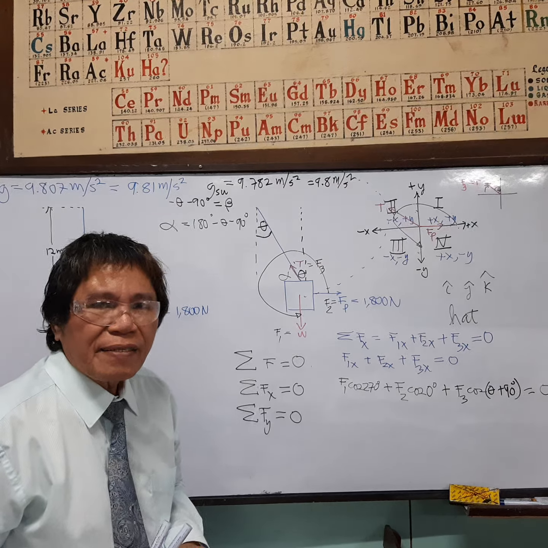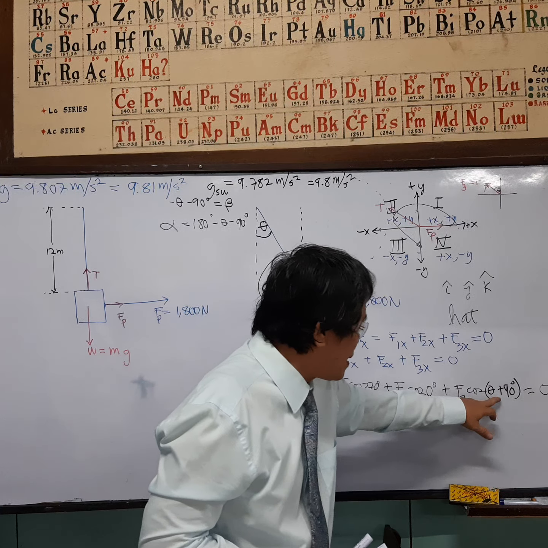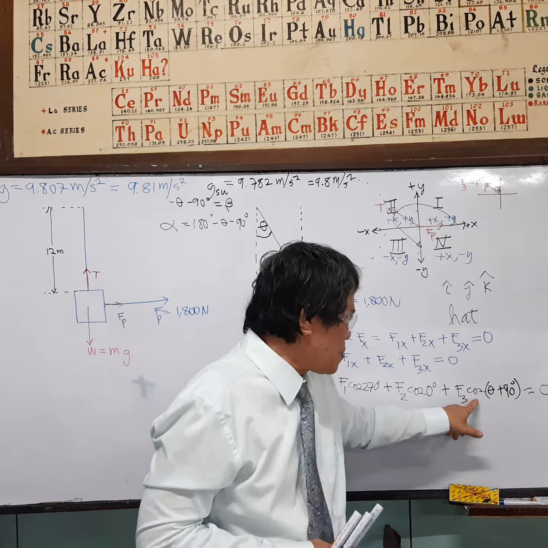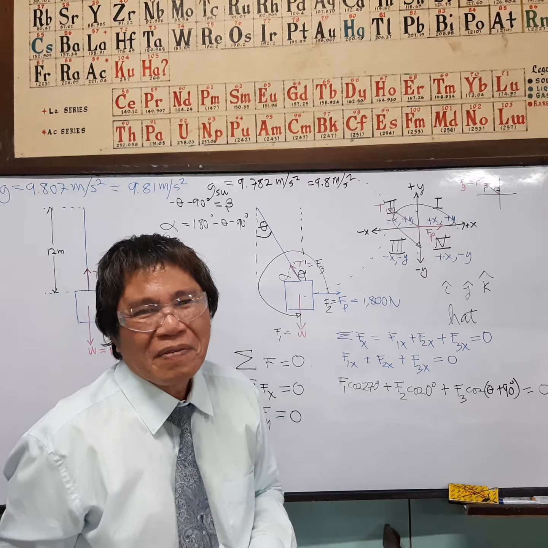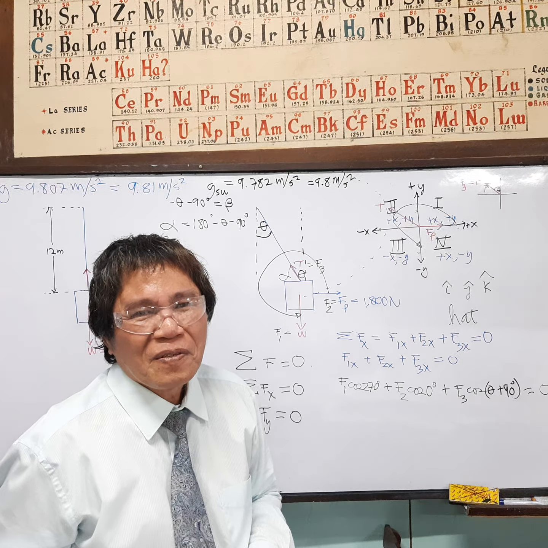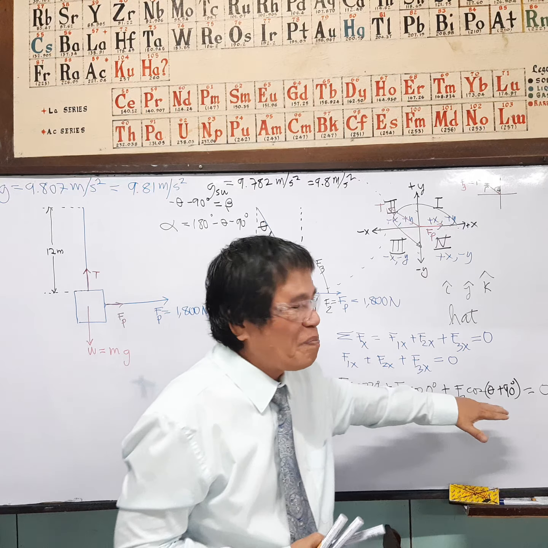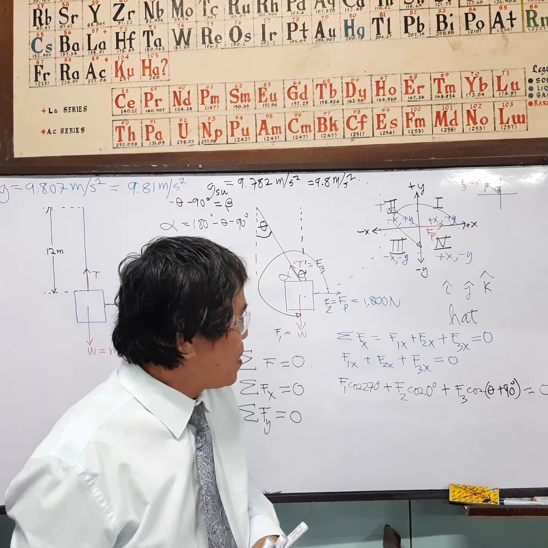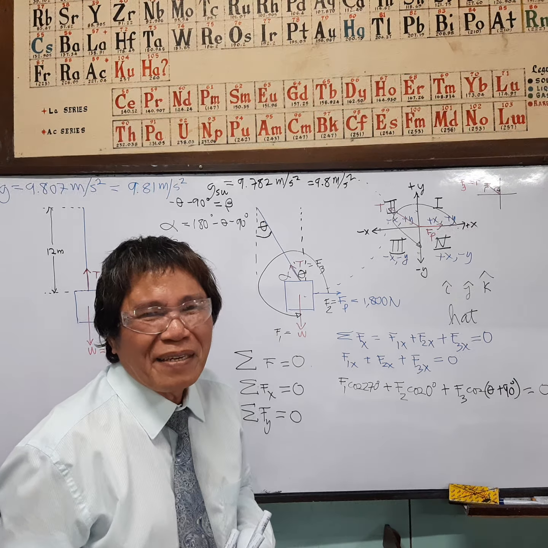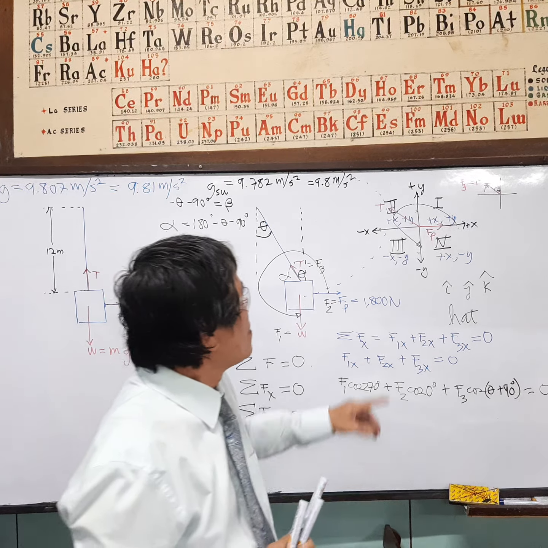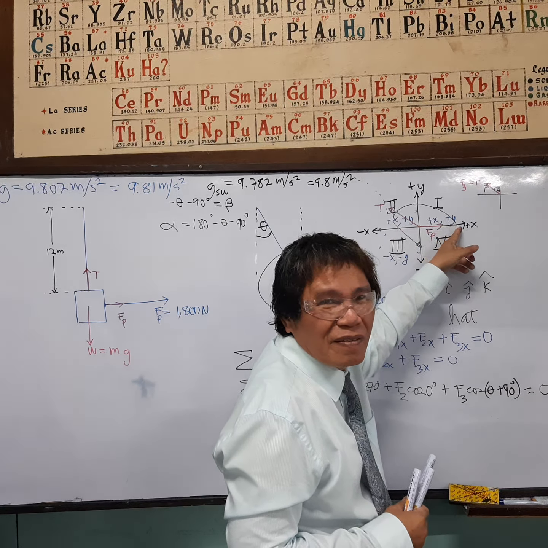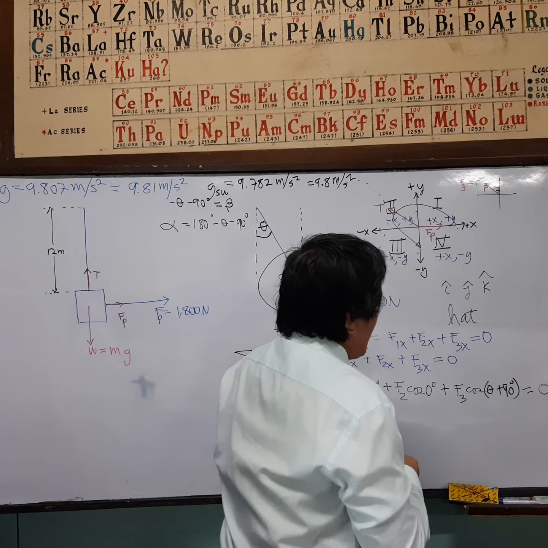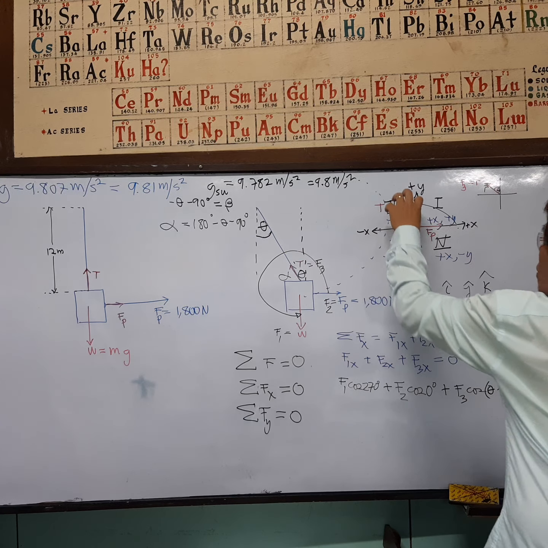Another way of solving this: maybe not so good for you to see cosine of theta plus 90 degrees, so we need to simplify this one. We are referring to this angle. Concentrate here.